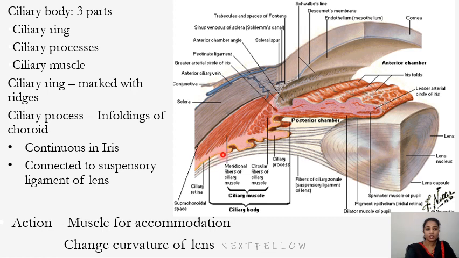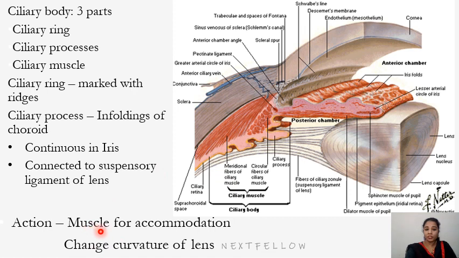The infoldings of the choroid are called the ciliary process, which is continuous further with the iris and connected to the lens by thin thread-like structures called the suspensory ligament of the lens. The action of the ciliary body is mainly for accommodation, changing the curvature of the lens for near and far vision.